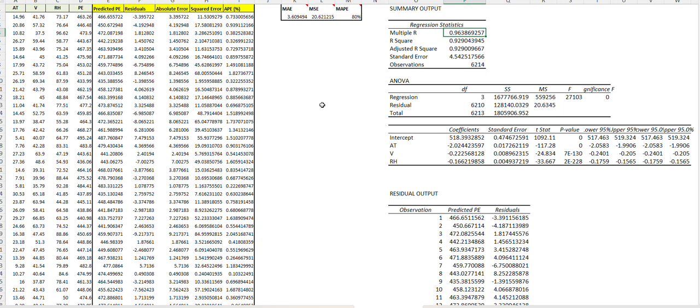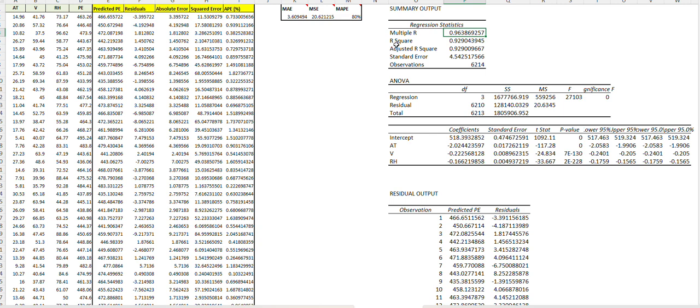Then, using the same training set, I ran another linear regression, this time excluding AP as I highlighted. The key observation here was that the new adjusted R square remained almost the same as in model 1, which suggests that removing AP does not reduce the model performance. Additionally, the standard error was comparable.